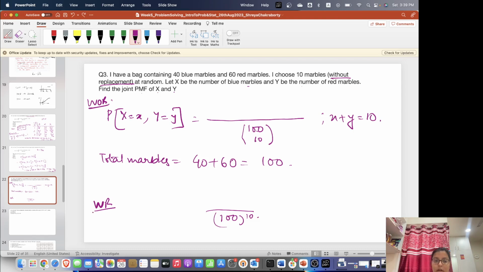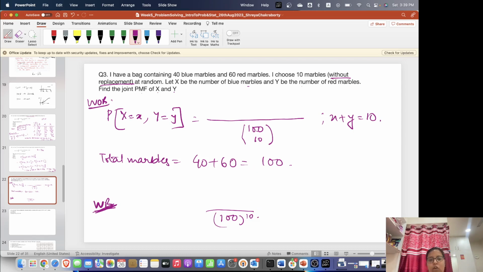And in case of with replacement, we are choosing one and then we are putting it back. Without replacement, out of 100 we are taking one, then out of 99 we are taking another, like that it goes. But here, out of 100 we are taking one, again we are putting it back, so the next time also we are taking out of 100 only.